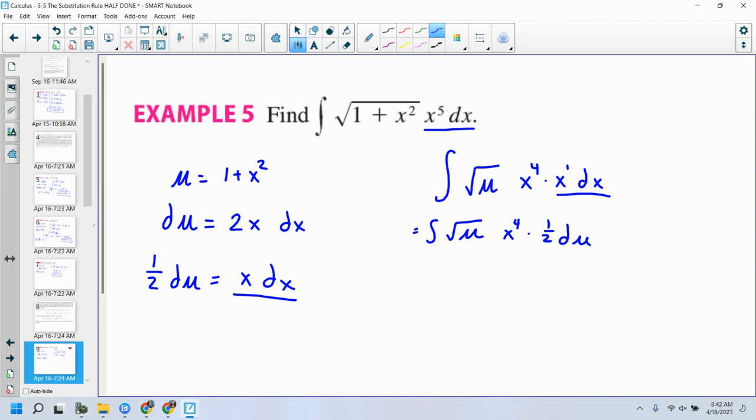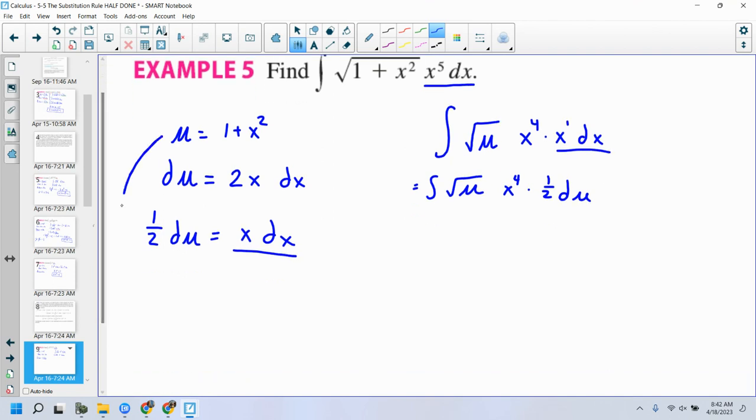Okay, can I perform the integral yet? No. I've got to get all x's gone. Bye-bye. Take a look at this step. I'm just going to rewrite this step. u is equal to 1 plus x squared, right? I need to write x to the fourth in terms of u.